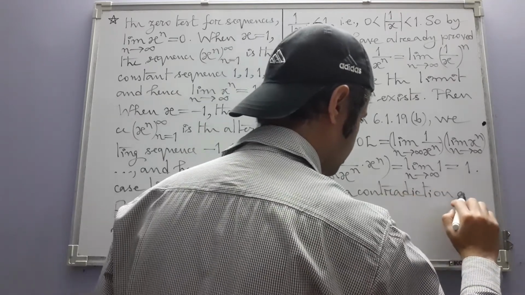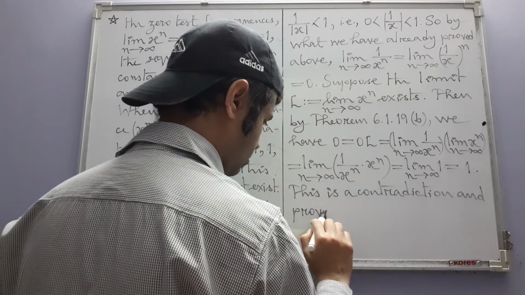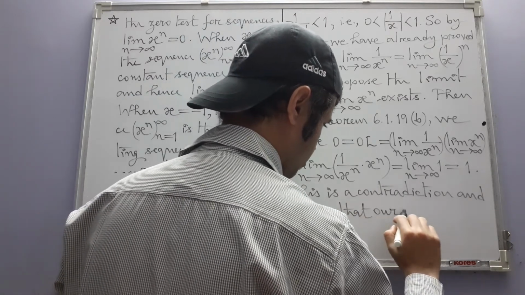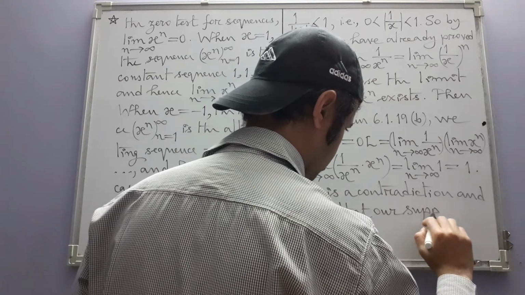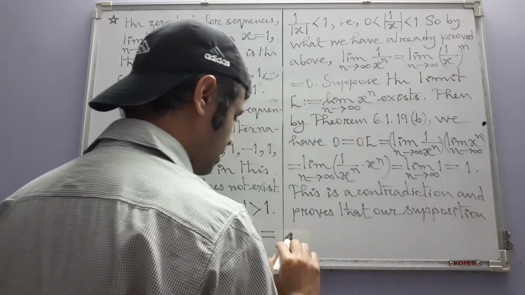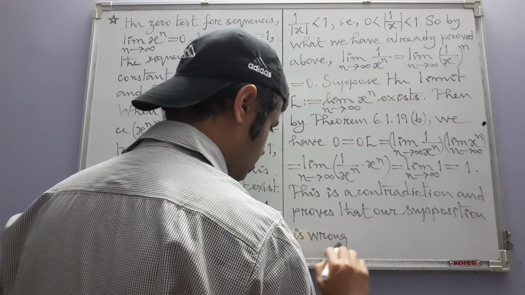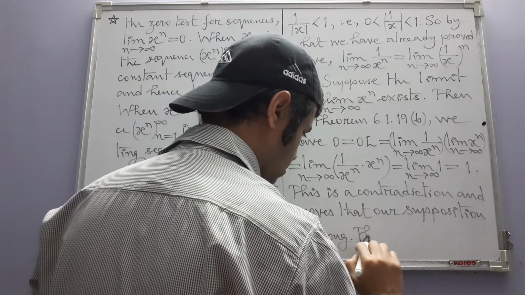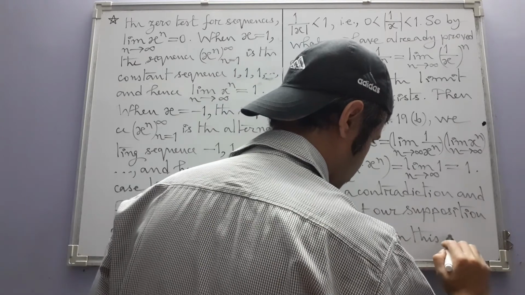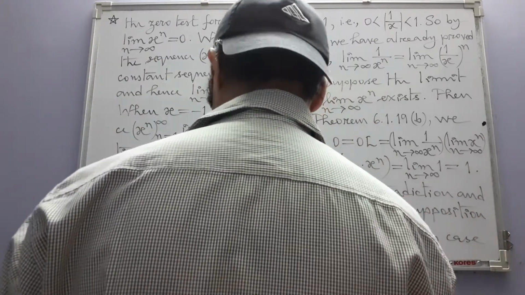This is a contradiction, and it proves that our supposition is wrong. Thus, in this case, the limit does not exist.